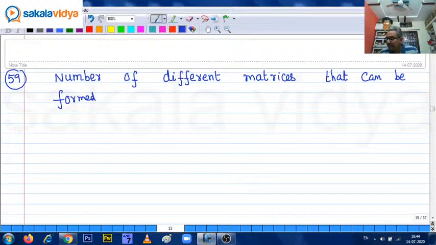Different matrices means different types of orders of the matrices. Same coefficients, no problem. For example, in x square plus x plus 1, all coefficients are equal: 1, 1, 1, 1. It may not be given, but we need to understand it like that. But for the rest, whenever repetition is not given, we need to consider it as without repetition only.